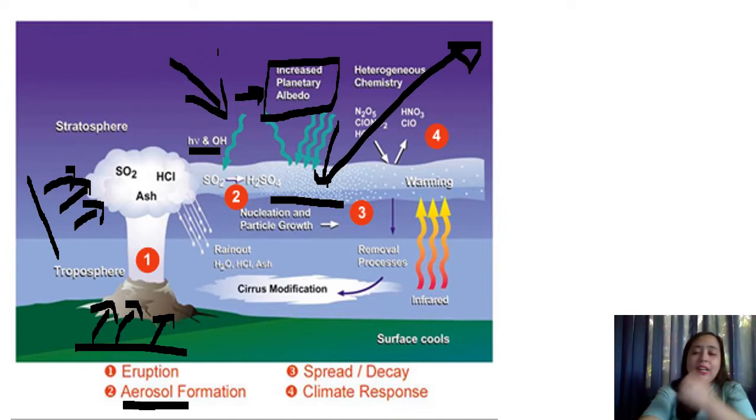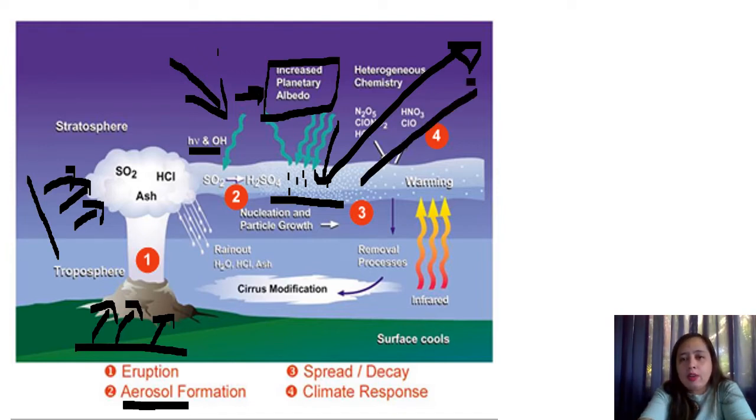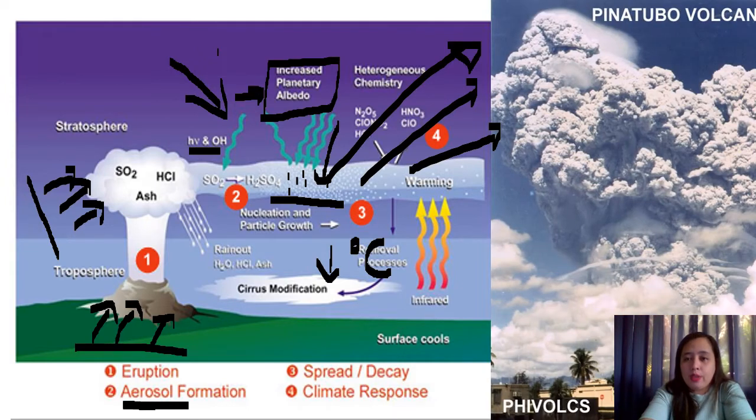Because of these aerosols, itong mga tuldok-tuldok na yan, this will cause increased planetary albedo or reflection. Kung marami ka ngayon na nire-reflect back, what happens now is that there is a cooling effect o lumalamig, bumababa ang temperatura sa iyong early atmosphere.